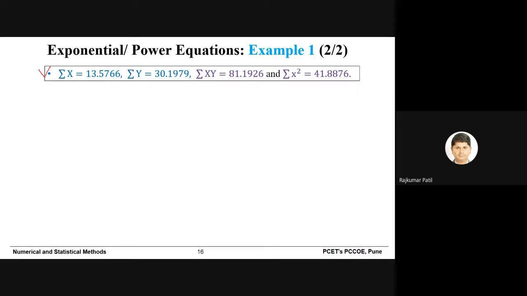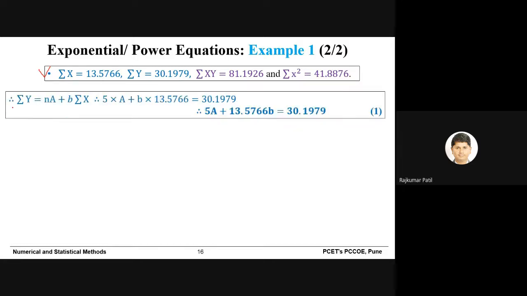So I just repeated those values. Now put these values in the first normal equation. When you put them in, the number of data points is 5, so n is equal to 5. A is the constant, unknown, b is unknown, and summation x is 13.5766.